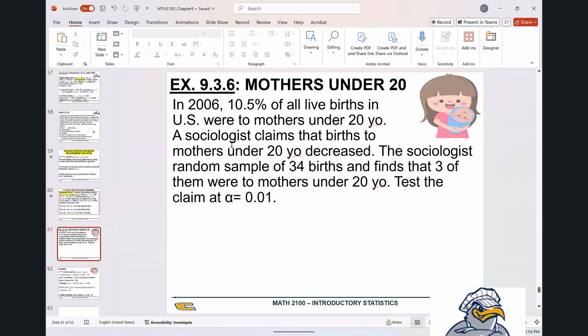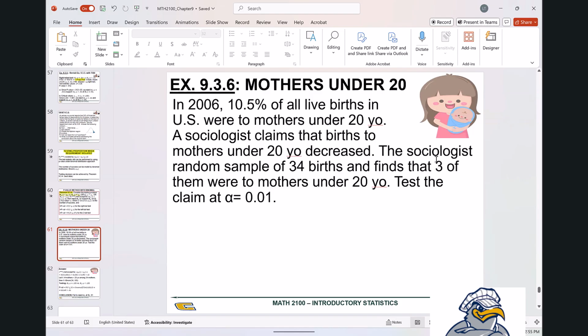A sociologist claimed that the births to mothers under 20 years old decreased. We are talking about percentage and proportion. The sociologist randomly sampled 34 births and found that 3 of them were to mothers under 20 years old. That's a claim at the significance level 0.01.